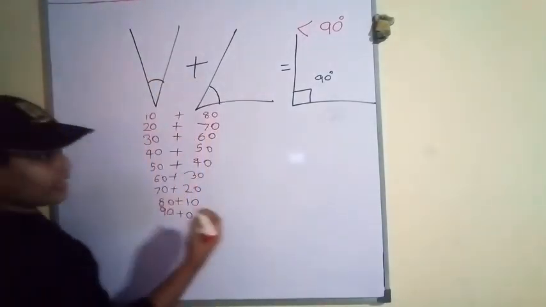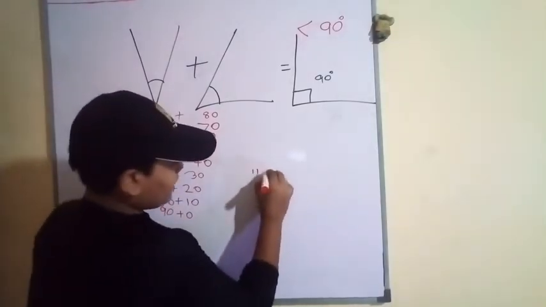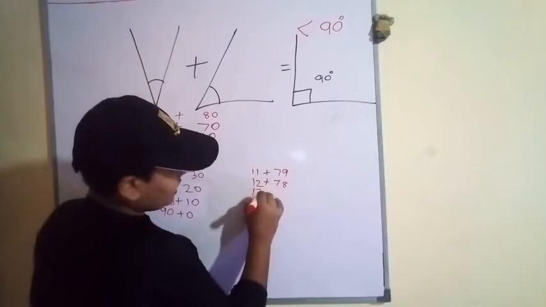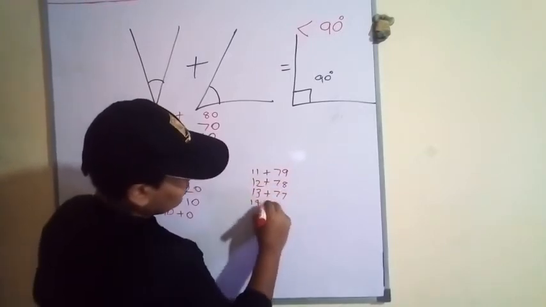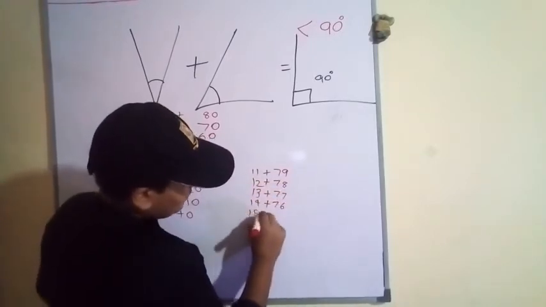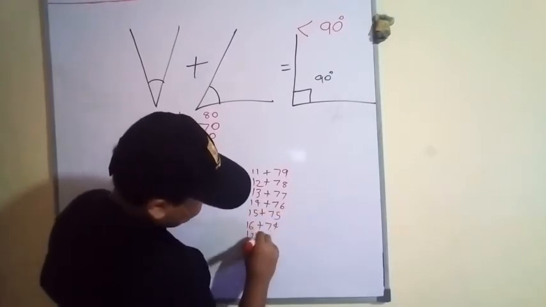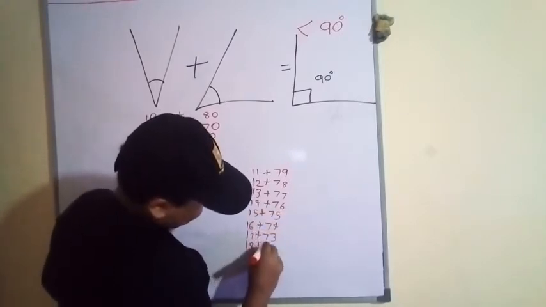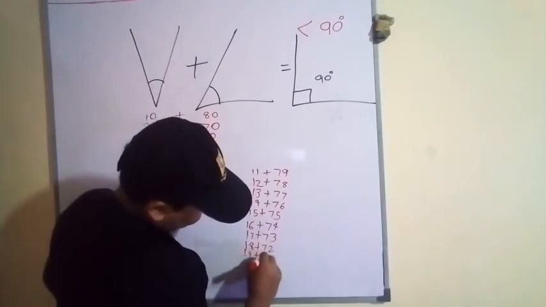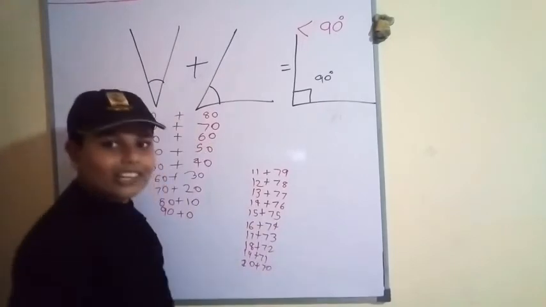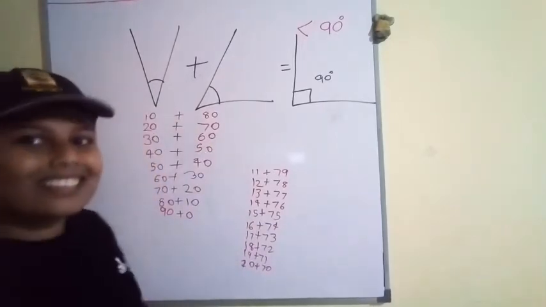I write it there: 11 plus 79, 12 plus 78, 13 plus 77, 14 plus 76, 15 plus 75, 16 plus 74, 17 plus 73, 18 plus 72, 19 plus 71, 20 plus 70.